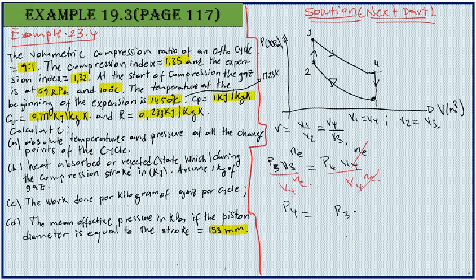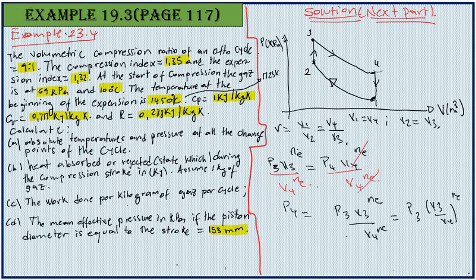So P4 is basically the relation on the left: P3 V3 to the power of nE divided by V4 to the power of nE. I can simplify this relation. Instead of repeating the exponent twice, I'm going to write it once. So we have P3 times V3 over V4 to the power of nE.